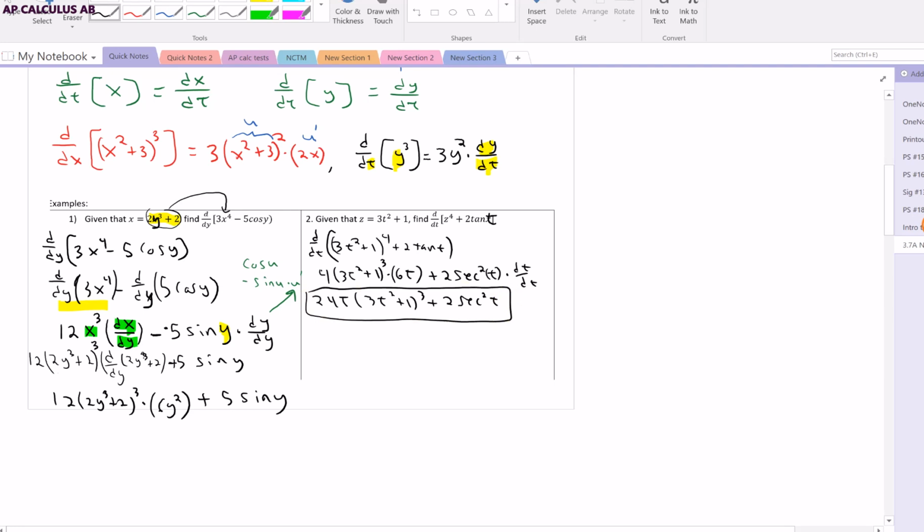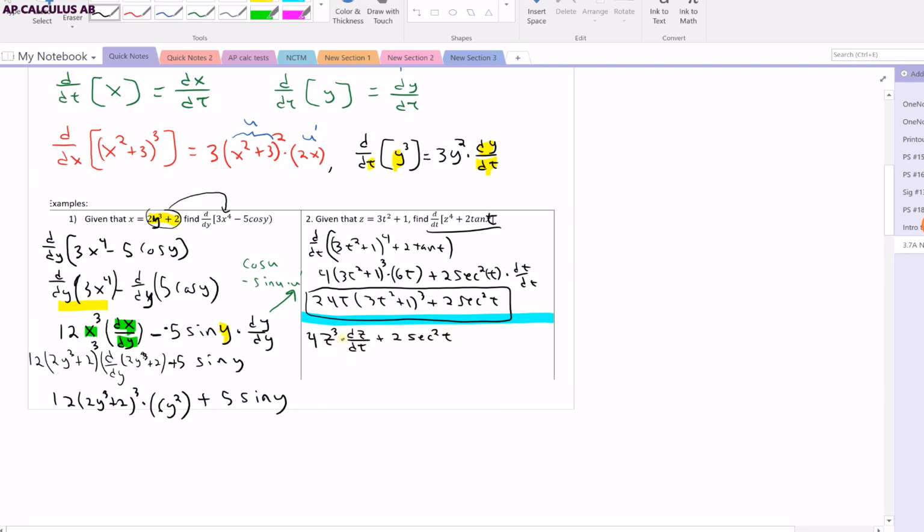Another way I could do it is take the derivative of this first, right? So I'm going to put a line there, and let's take the derivative of this first. If I take the derivative of that first, then I get 4z to the third times the derivative of the inside, which is the derivative of z with respect to t, plus 2 secant squared t.